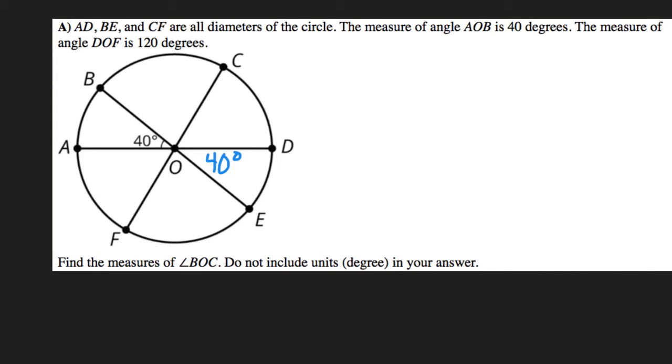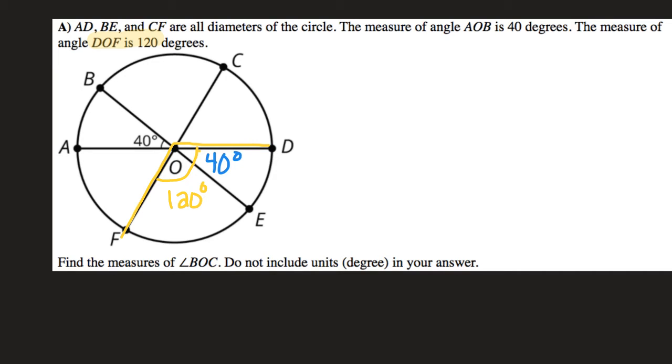All right, so we also have this other information up here which is important. We know DOF is 120, so that means that this angle DOF, which goes here, this whole thing is 120 degrees, the whole yellow part.